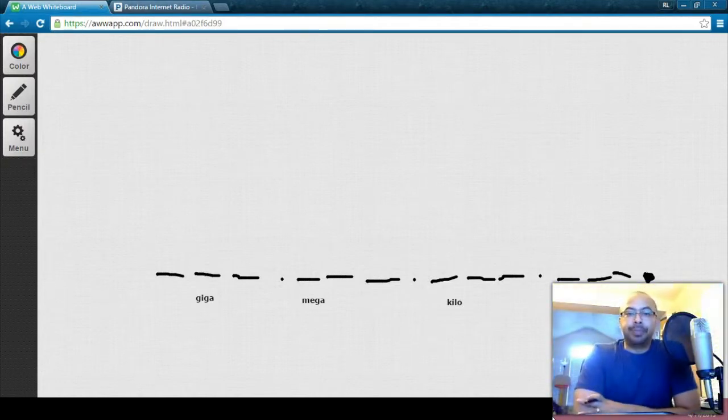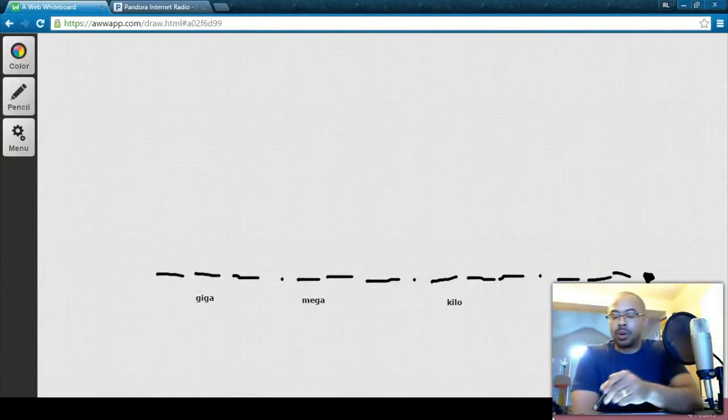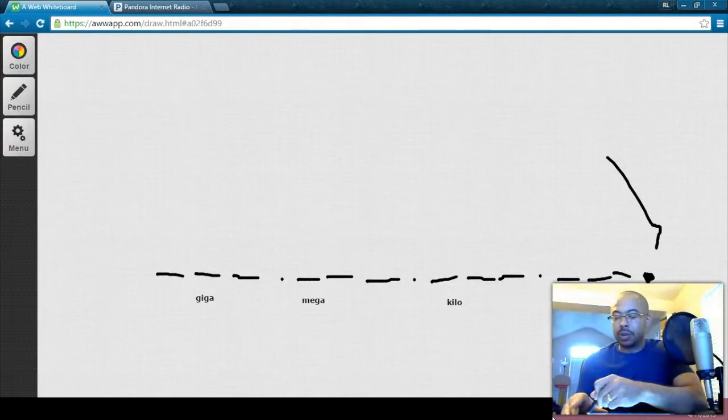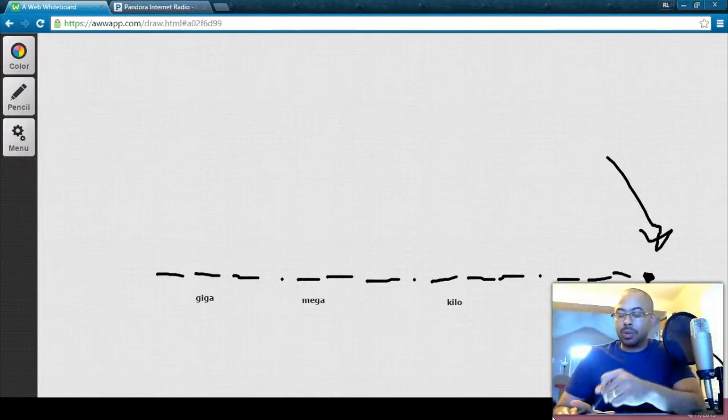Okay, so I'm just going to start. When I start teaching this lesson, I always start at what I like to call ground zero. And that is a terrible arrow, but that's an arrow. I call this ground zero because if I was going to write a zero, I would put it here in this space.